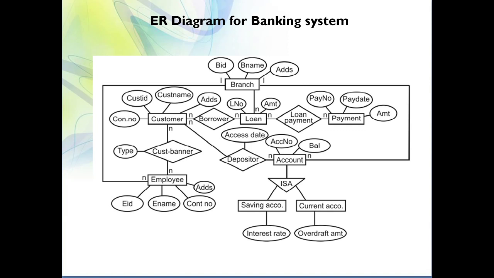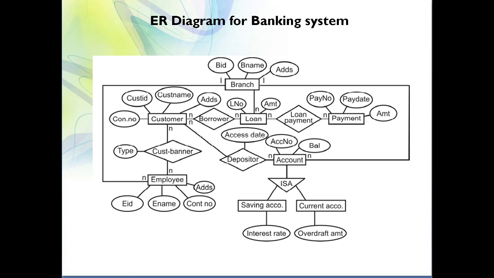The two things you need to consider: whenever you are drawing an ER diagram for a particular project, your diagram is very large. Whenever you are drawing an ER diagram for a particular client, the diagram is again large. But whenever you are drawing a sample ER diagram, that means you are considering entities and attributes on your own.